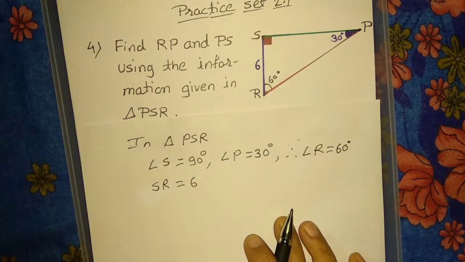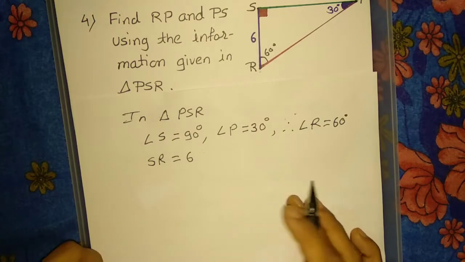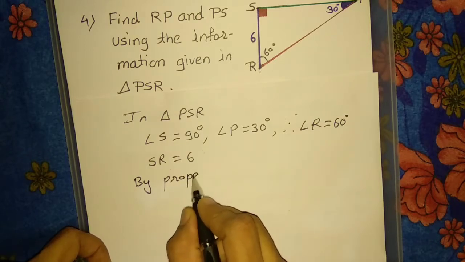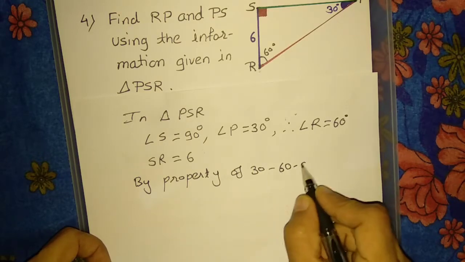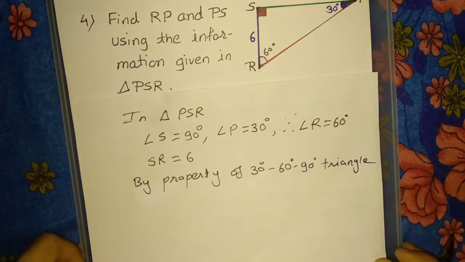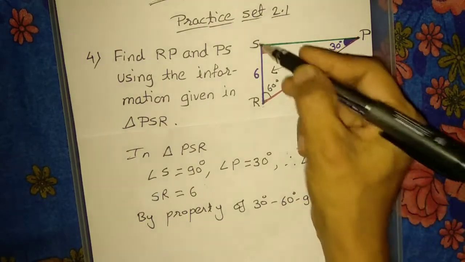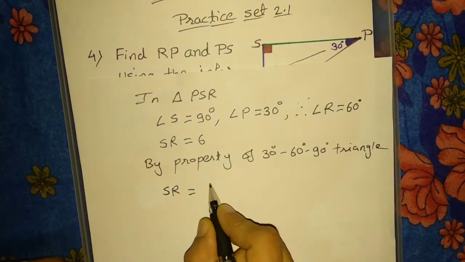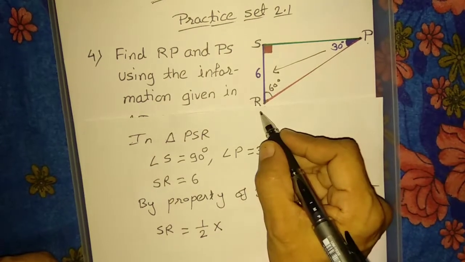Therefore we will use 30, 60, 90 degree triangle property to solve this question. By property of 30, 60, 90 degree triangle, the side opposite to 30 degree, that is SR, is equal to 1 by 2 into hypotenuse RP.